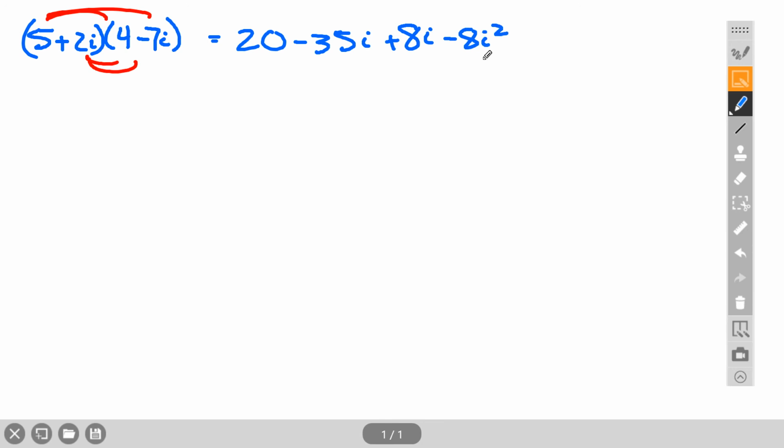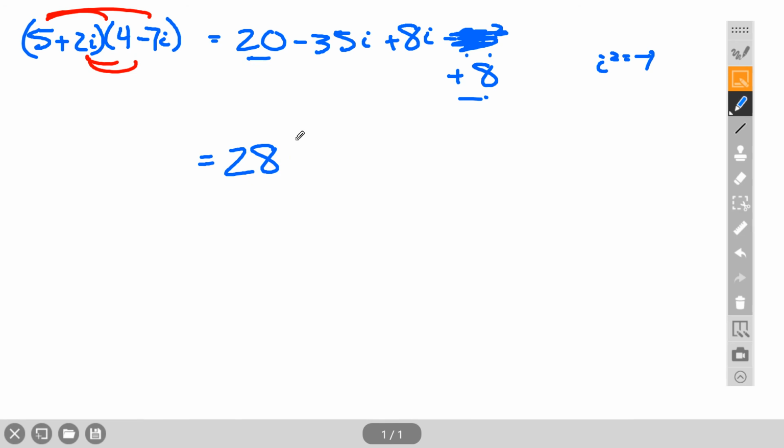Now, keep in mind, negative 14i squared. i squared is negative 1, so negative 14 times negative 1 is actually just a positive 14. Now, at this point, we simply have to go through and combine the like terms. Well, actually, we're not combining like terms. We're combining the real parts and the imaginary parts.